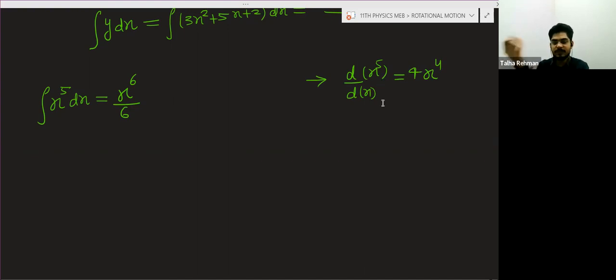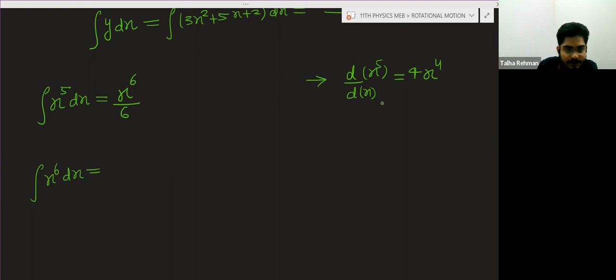Okay, so this is the first thing. And if I want to integrate x to the power 6 into dx, I will write x to the power 6 plus 1 divided by 6 plus 1. So it will become x to the power 7 divided by 7.